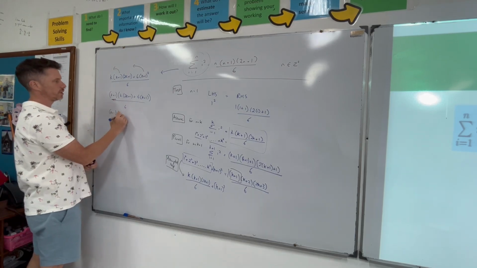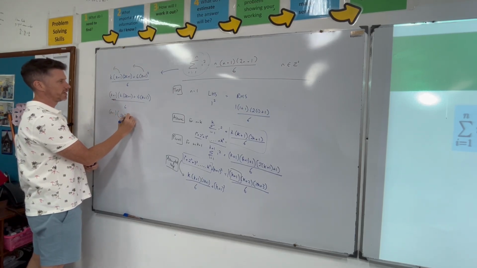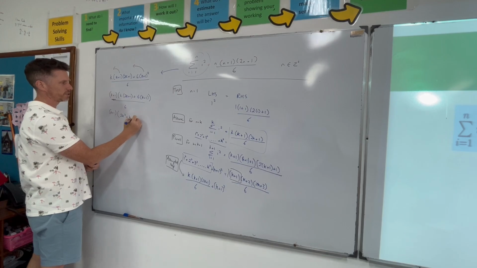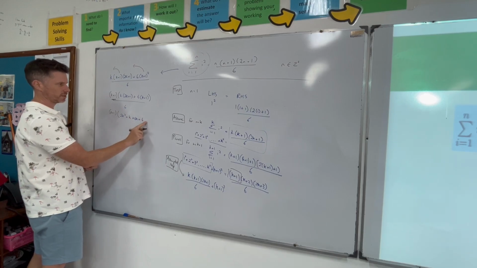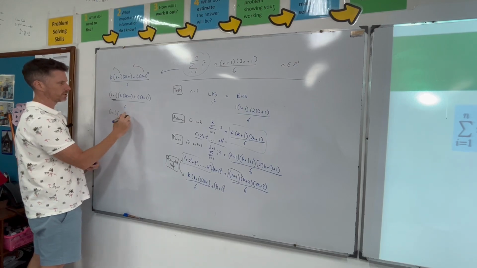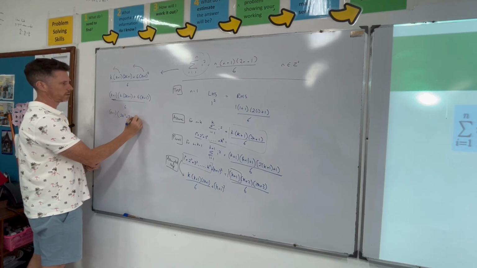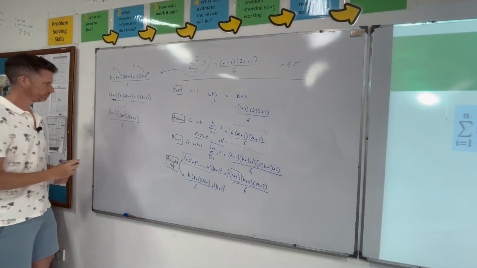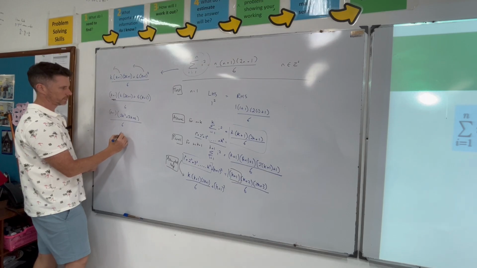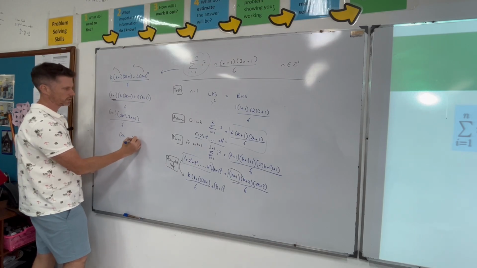I'm going to just multiply this out and tidy it up and see what happens. So I get 2k squared plus k plus 6k plus 6. This is 7k, isn't it? Yeah. All right, I'll write 2k squared plus 7k plus 6, and that's all over 6. Can I factorize this? 2k and k anyway.